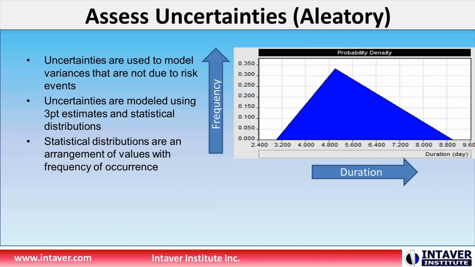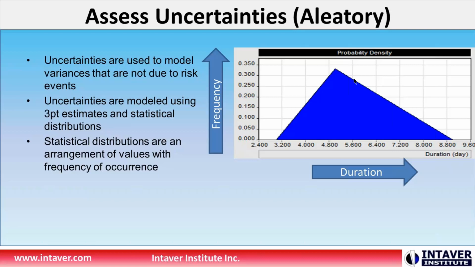So the second step is we want to assess the uncertainties, or the aleatory risk. As we see here, they're basically used to model variances that are not due to risk events. They're modeled using statistical distributions with 3-point estimates. On the right, we can see a statistical distribution, with frequency on the y-axis and the duration, at least this is for a schedule, on the x-axis.